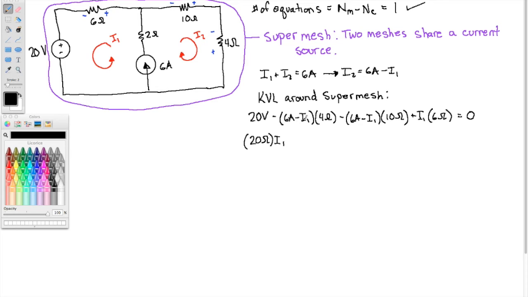And the constants here, I have a minus 24 and a plus 20, so that makes a minus 4. Then I have a minus 60. So minus 4 and a minus 60 makes minus 64 volts equals 0.